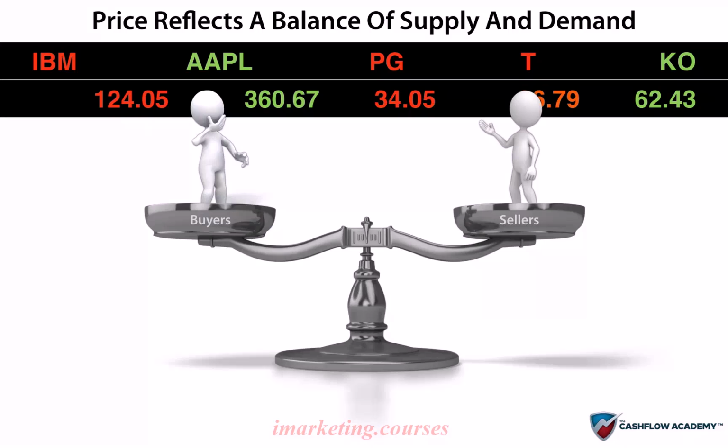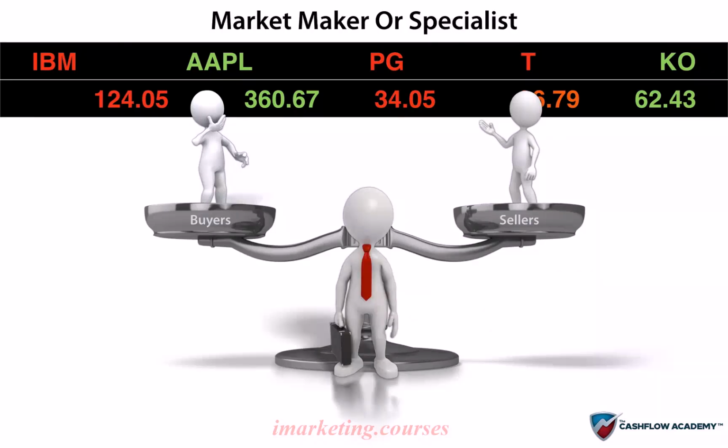And so we have a degree of speculation that many people engage in. I don't know that I'm that much of a speculator, but there is a lot of speculation that goes on. And so we have buyers, scratching their chin, thinking, well, should I buy this? What should I pay? And sellers thinking, I'll offer you this, if you'll buy my stock from me, here's my asking price. And in the middle of all this, there's someone called a specialist or market maker.